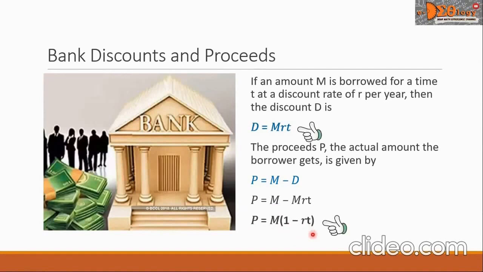And this is now our two working formulas: this formula for proceeds and this formula for the discount.